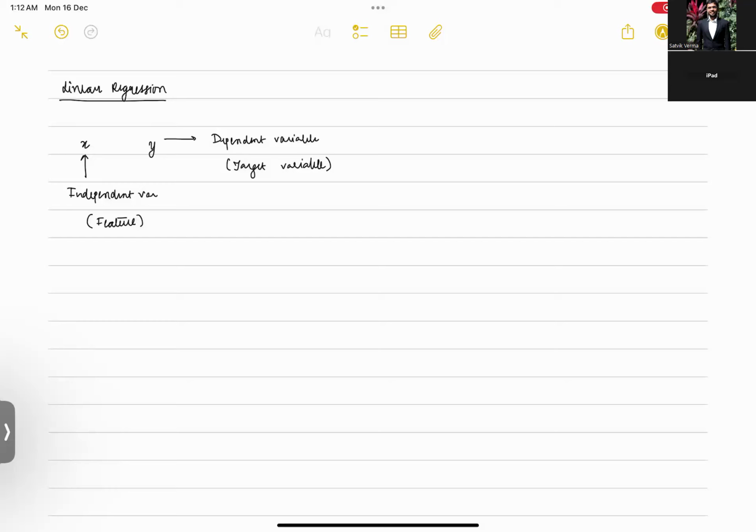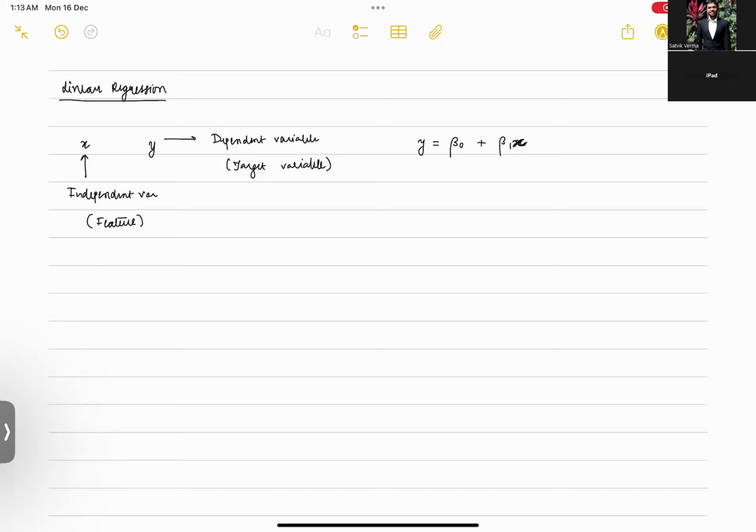So what linear regression does is it tries to establish a linear relationship between these two variables, a relationship that is given by the model y equals beta naught plus beta 1 x. Okay.